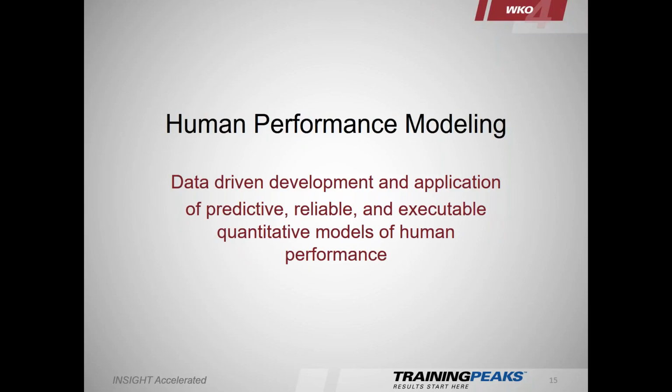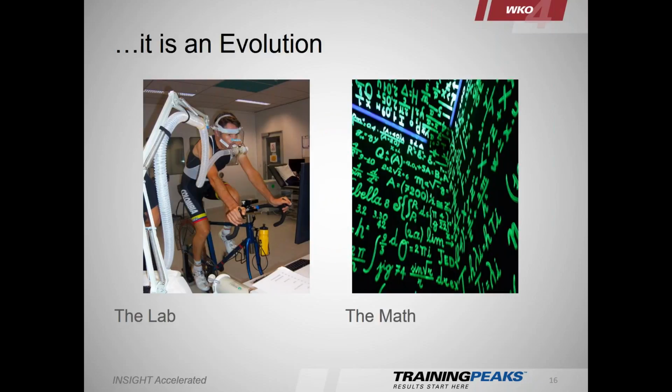It doesn't care if you want to go faster or if you trained a lot and it's just not working out. It tends to always tell you the truth, which is one of the struggles we've had with introducing a human performance model. But the reality for people to understand is it's an evolution. It's the lab versus the math, right? The old school is everything happened in a lab.